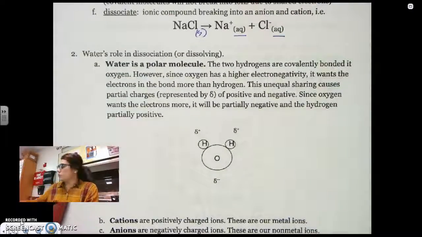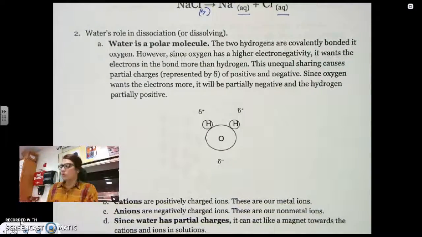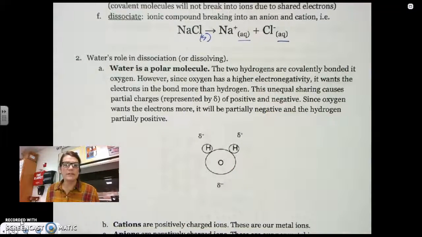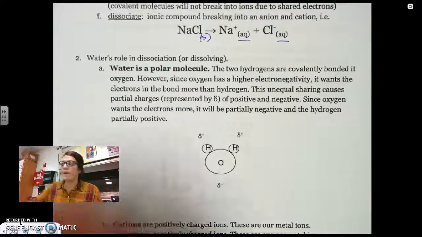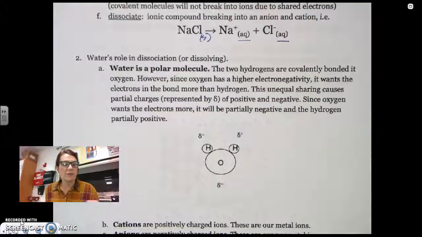Also, number 2 here, what is water's role in dissociation? Okay, so with this example that I gave up here, I just kind of said we just assume water is present. So what is water's role? So we need to remember that water is a polar molecule, okay? And we have to remember when we're talking about polar and nonpolar things, we have to discuss their electronegativities, okay?